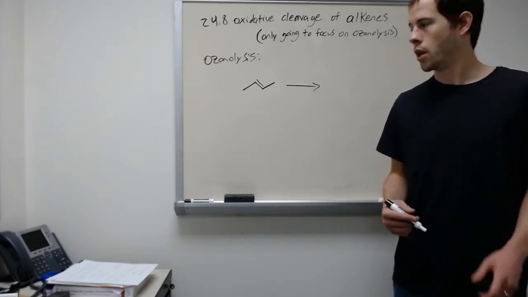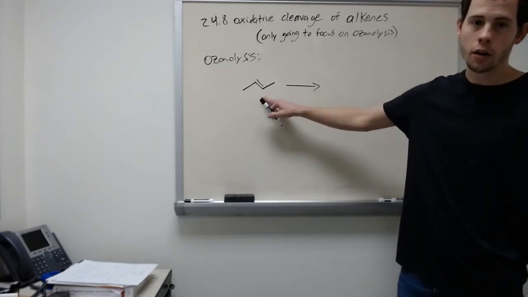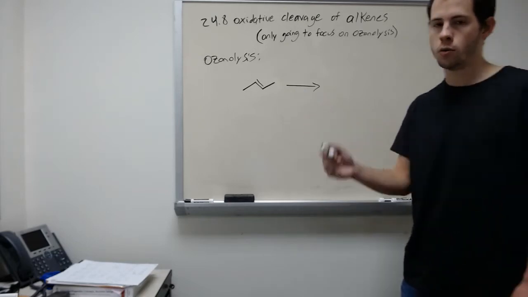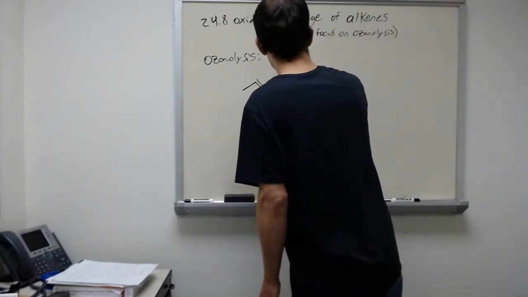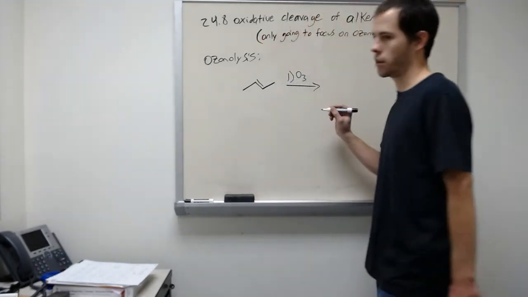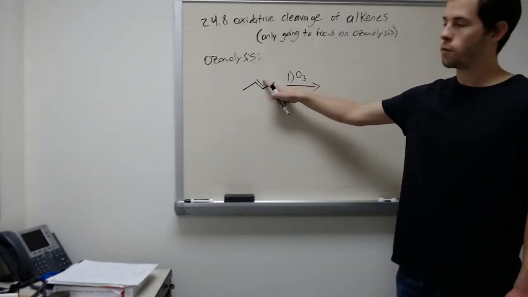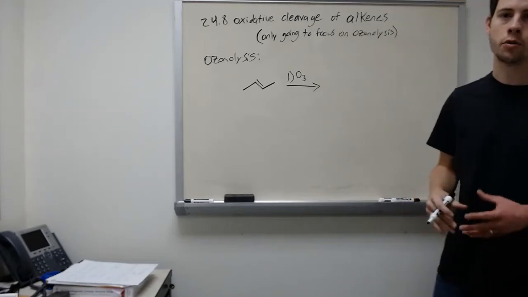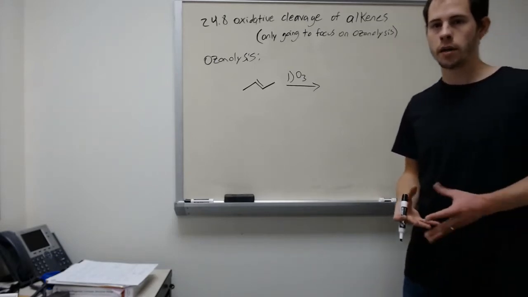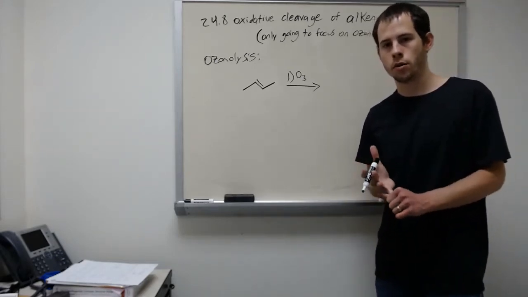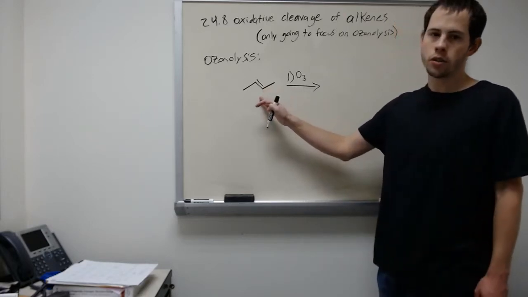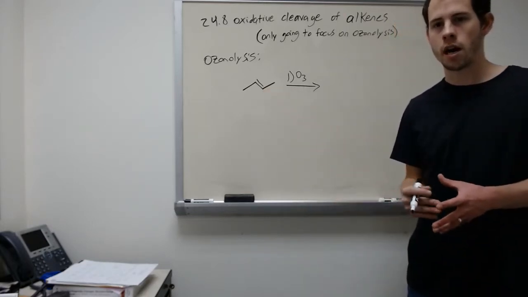So what we do is we take an alkene and we treat it with ozone, which is O3. This ozone adds to our double bond and gives us a 5-membered ring, which we call an ozonide. I'm not going to go through the mechanism, and I'm not going to require you to. But once we make that ozonide, that is explosive and highly reactive.